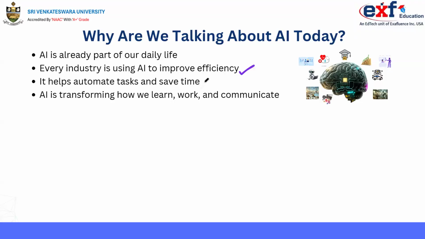It helps automate tasks and saves time. AI is transforming how we learn, how we work, and how we communicate. AI is used in every industry and each and every place.